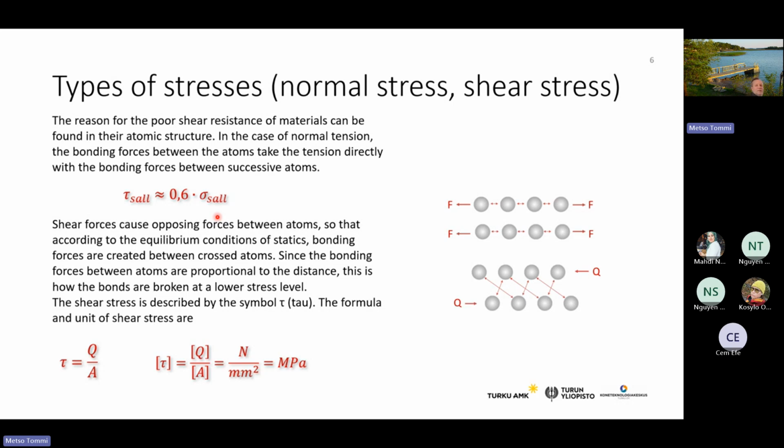Okay, and in this picture, I have tried to explain why material is more resistant to tensile than shear. The explanation is that when material is under tensile force, these atoms that are nearby are holding the material together.